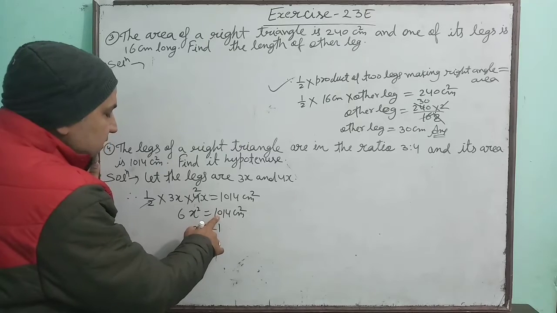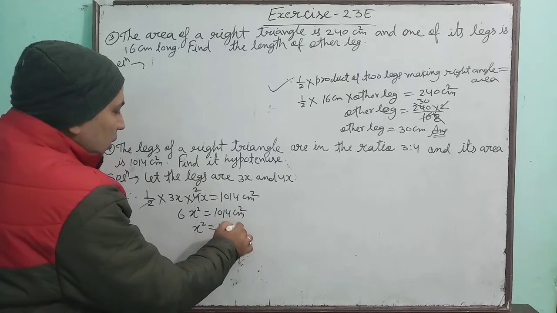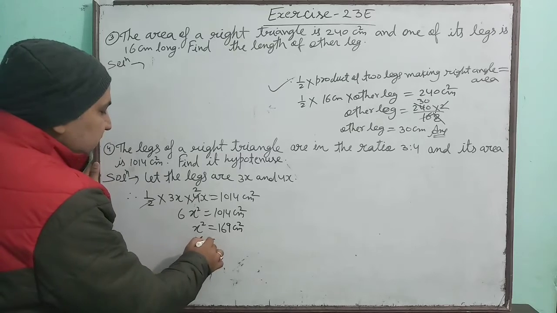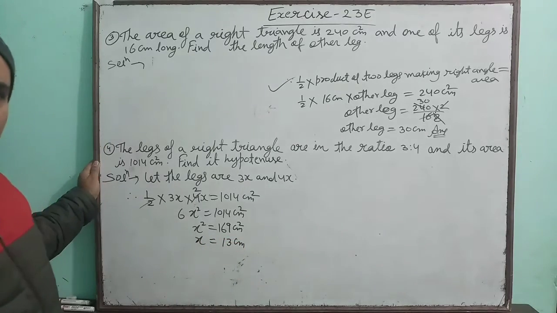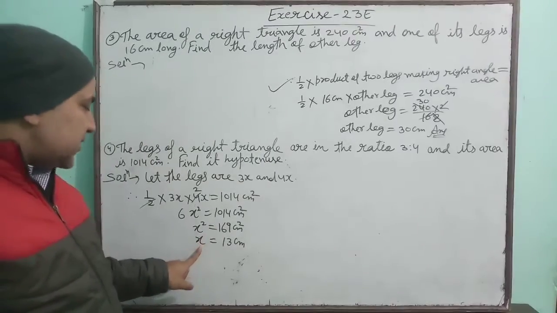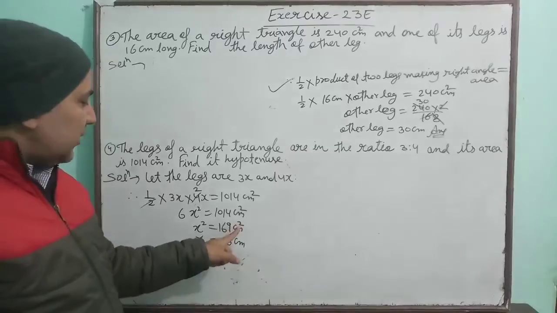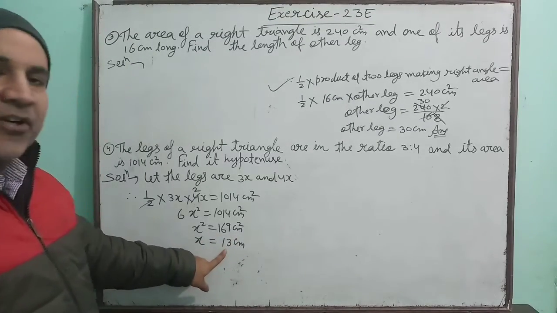6 1 is 6, 4 is the remainder. 6 6 is 36, 5 is the remainder. 6 9 is 54. 169, that means x square is equal to 169, that means x is equal to square root of 169, and square root of 169 is 13 centimeter.